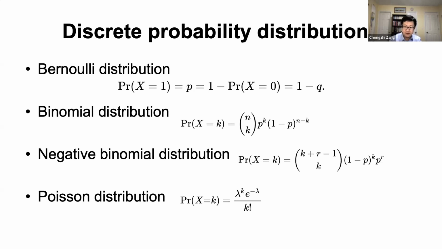It's either the front face or the tail, but these two can be measured as either 1 or 0, and we can only have these two measurements. So that's why this is a discrete variable.